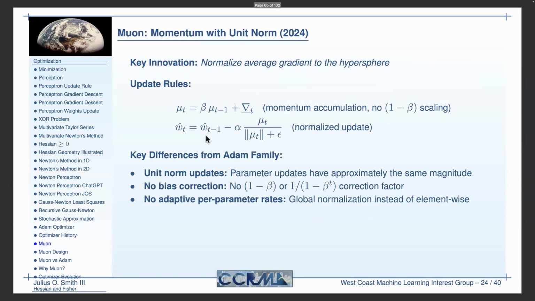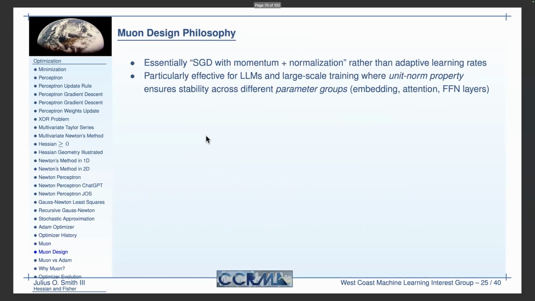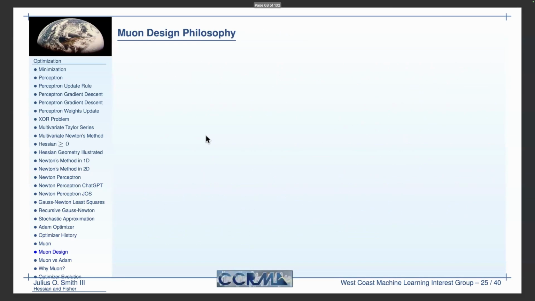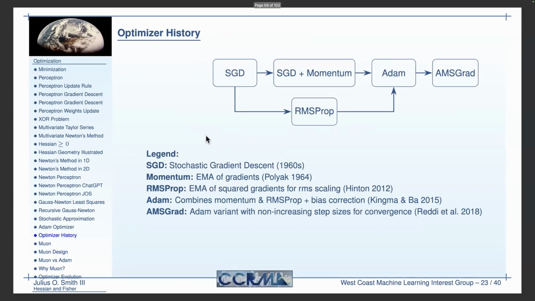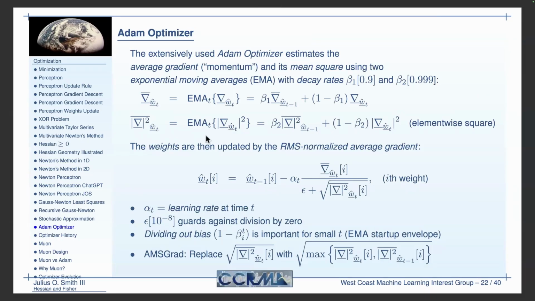Muon. Another thing, I think you probably covered this, but if it just so happens that your Hessian is aligned, so that its eigenvectors are on the coordinate axes, then basically Adam is normalizing the same way a Newton step would do, except for the square root.